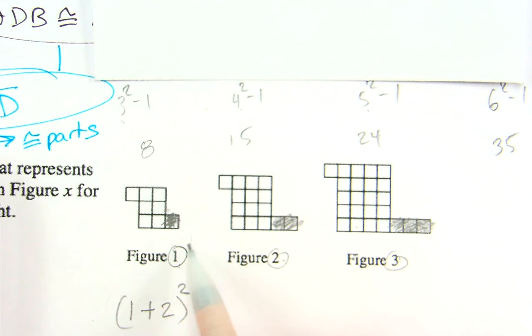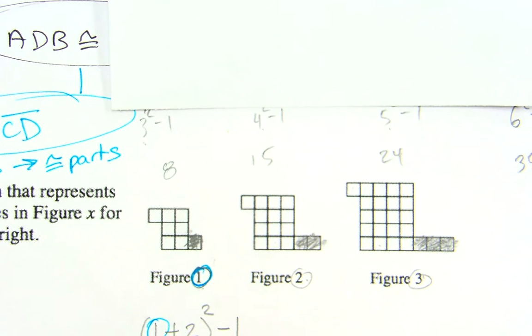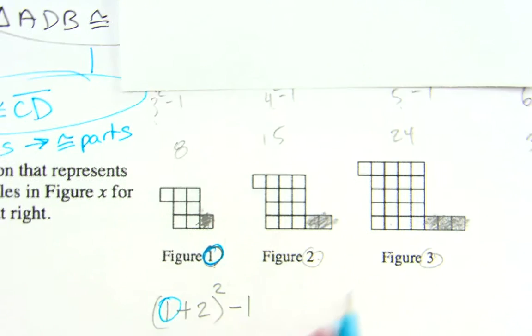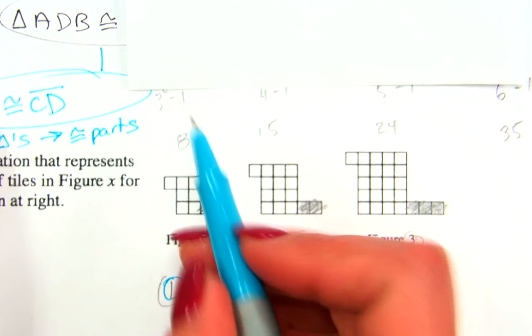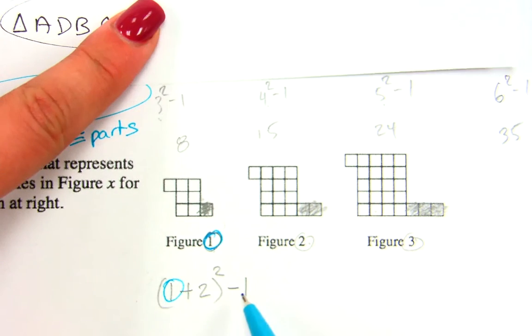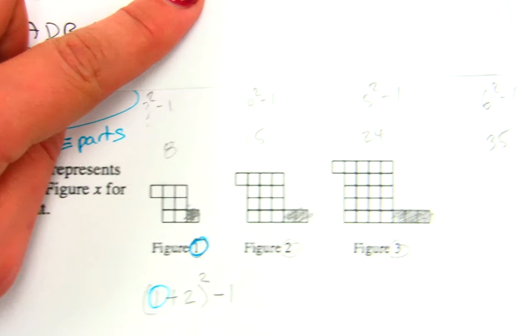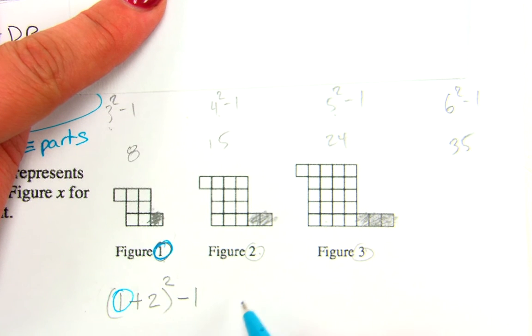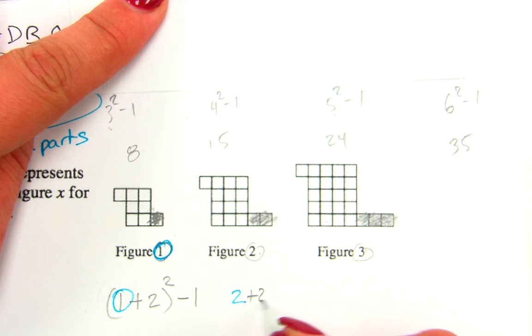If I take 1, I'm going to circle it real quick, and add 2 to it, I get 3, and then I square it and subtract 1. Let's see, what was the next one? If I take a 2, plus 2, square it, minus 1.